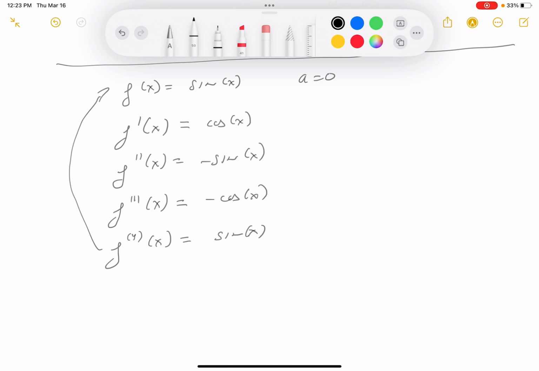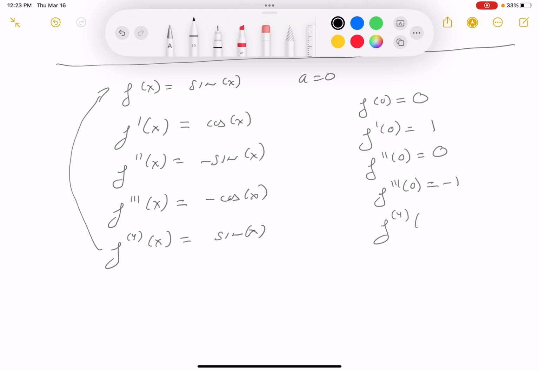So I'm going to get a sequence of numbers now, and let's write this down. F of 0. What's that going to be? Well, sine of 0 is just 0. F prime at 0 is going to be 1. F double prime at 0 is going to be 0. F triple prime of 0 is going to be minus 1.